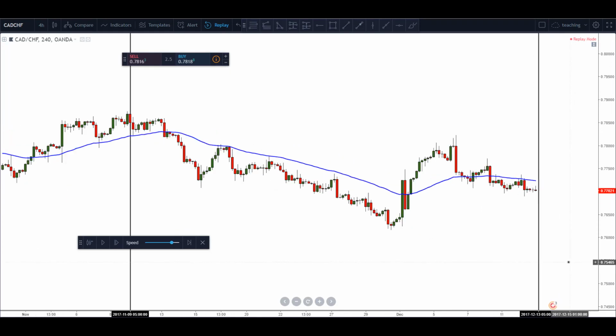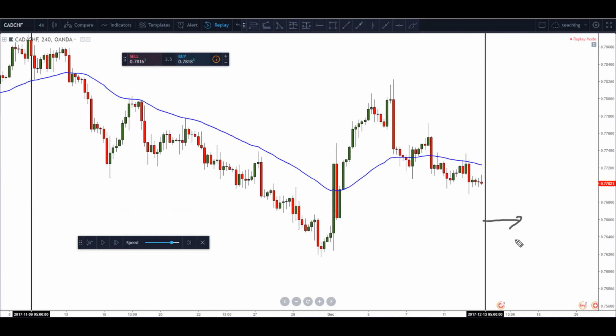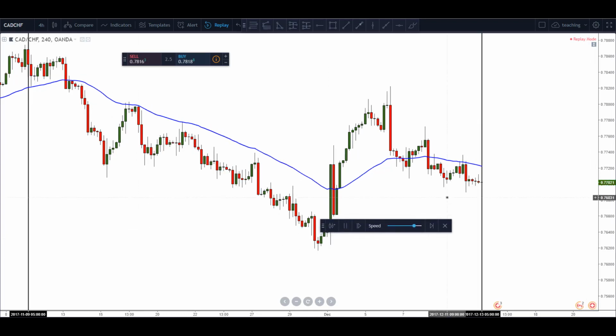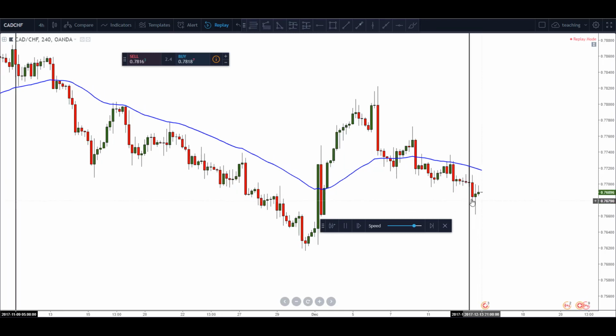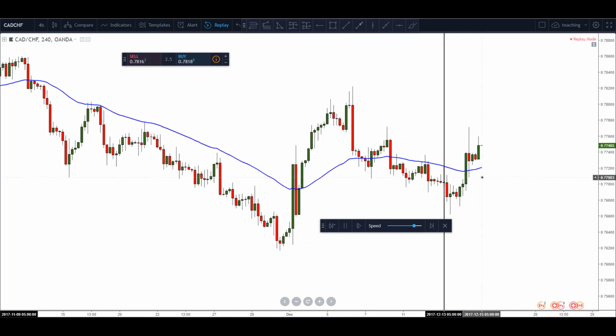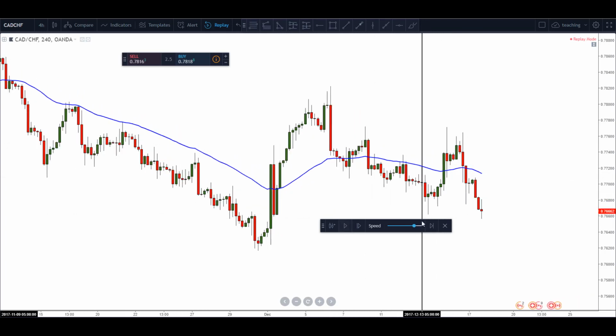What this means is that we don't even get to see any of the data after this. So we can treat this a lot more like live trading, and we just have our little replay speed here. Click the play button and it starts printing candles. This way we can sit here and wait for what we see as an entry, and then we can pause as soon as we see something we think is an entry, and we can actually decide whether or not it's an entry before we see the next market data, which is something that's extremely important in backtesting.